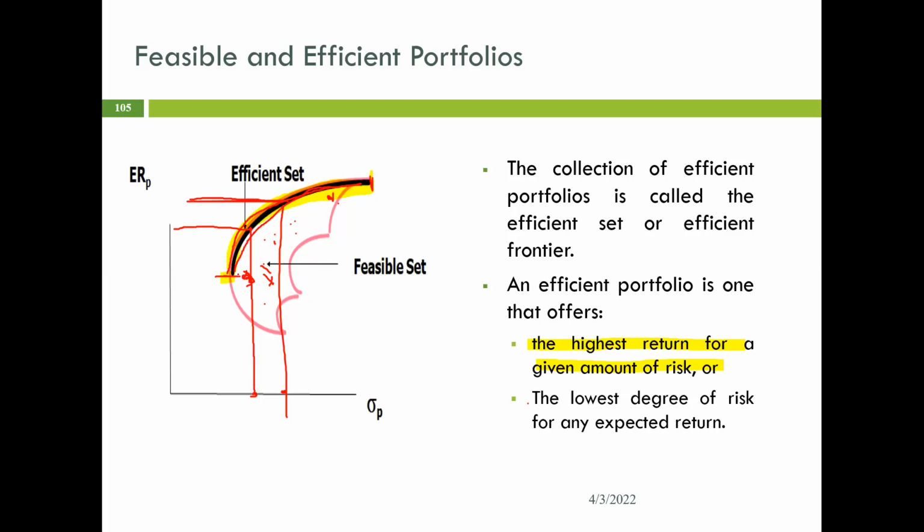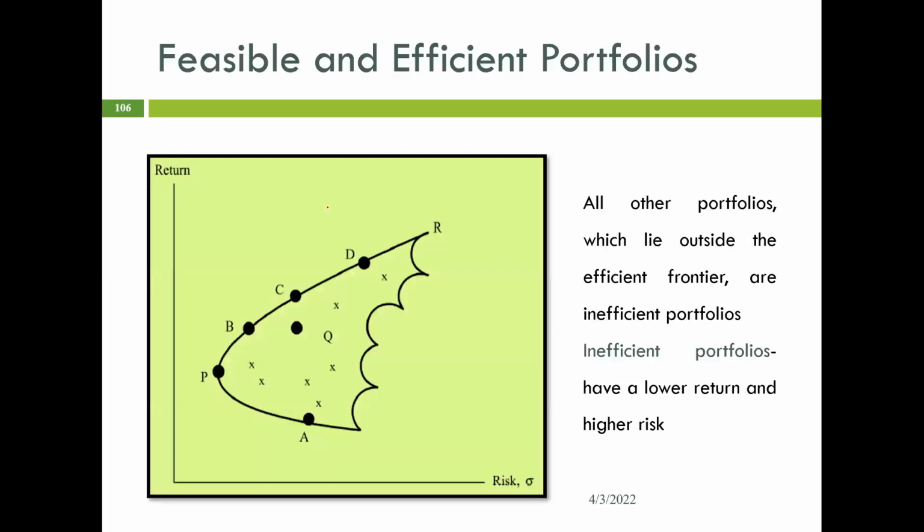So efficient portfolios lie on this line from here to here. All the other portfolios which lie outside the efficient frontier are inefficient portfolios.